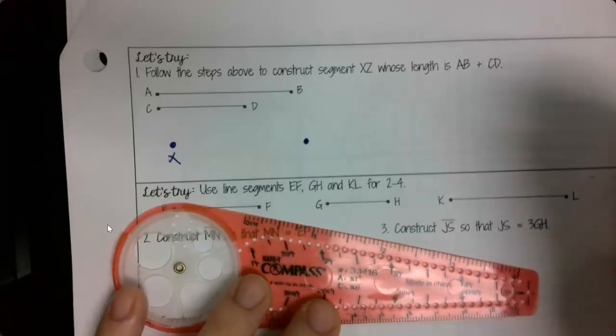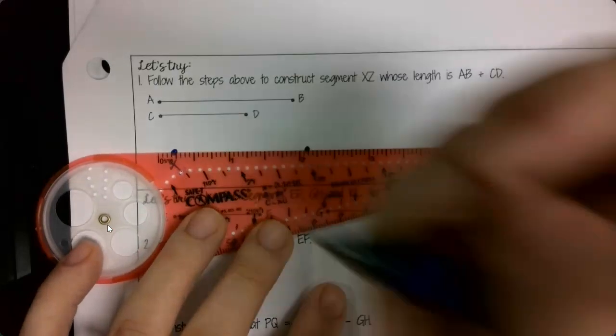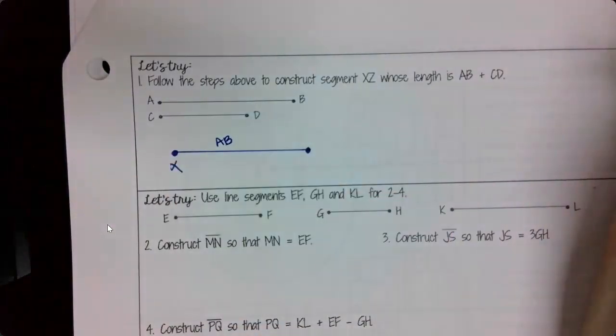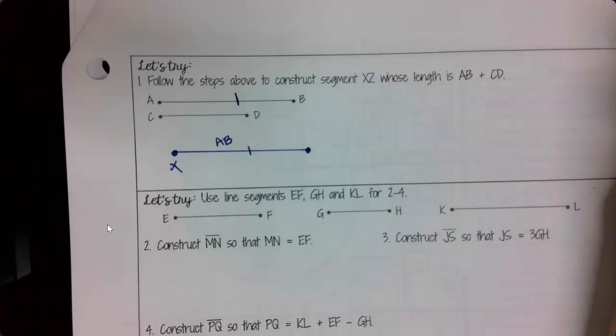And then I'm going to do the same thing from C to D. First, I'm going to actually label that this part is from A to B. So I'm going to mark that those two are the same.